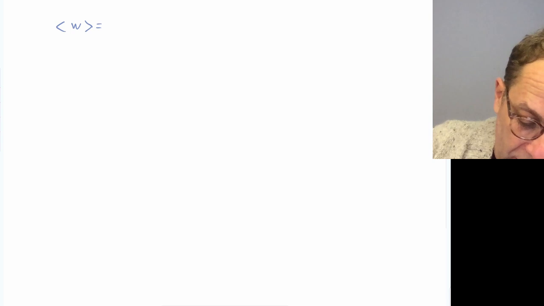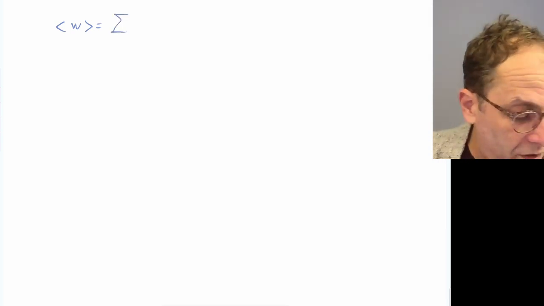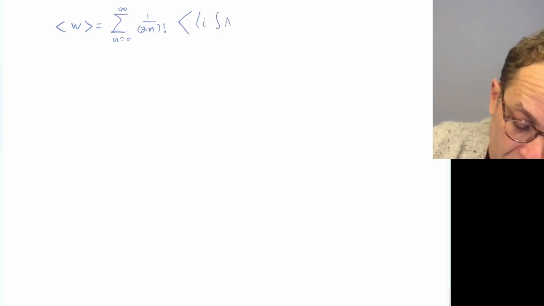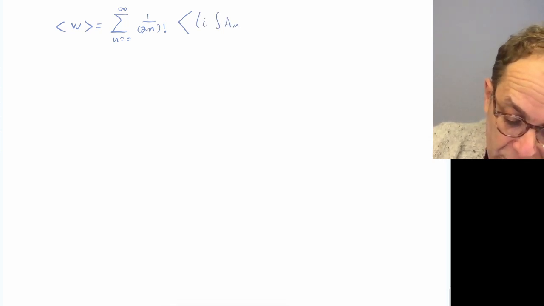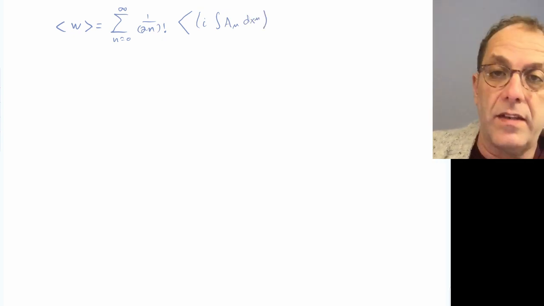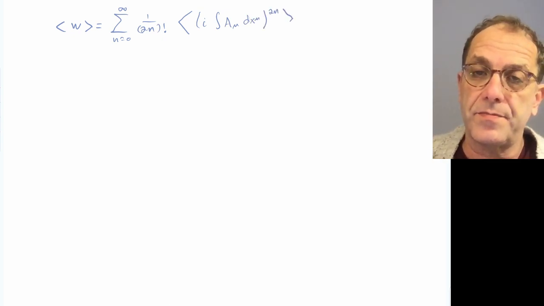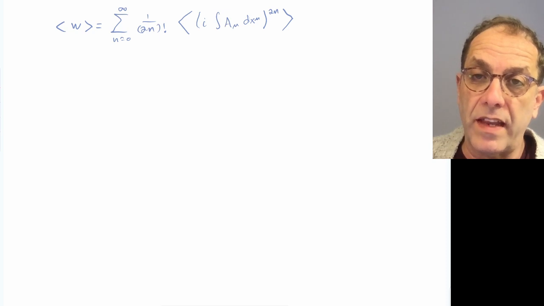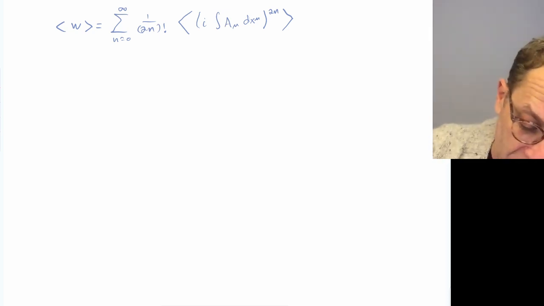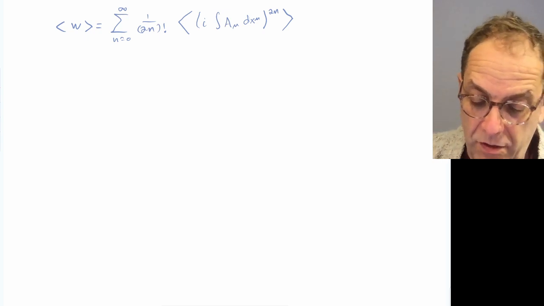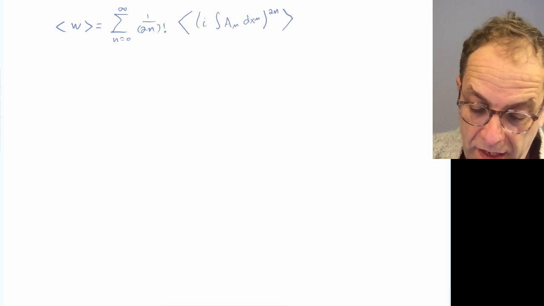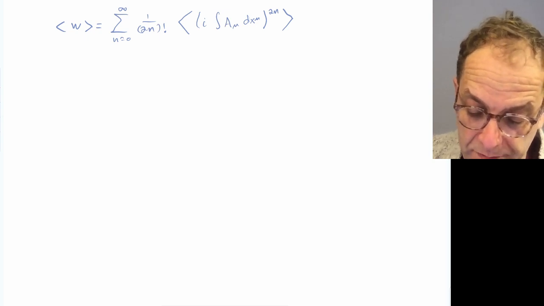So now I want to calculate things to all orders, and then I will expand my Wilson loops in powers of the gauge field and take Wick contractions, but I need to include only an even number of fields, so I need to look only at the even terms in the expansion. So we have 2n copies of this integral, and we take the expectation value of all of this.